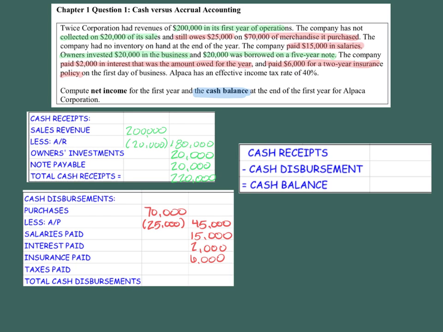And the last thing we need to remember to record for cash disbursements is the taxes we calculated to be paid, which was $44,000. So if we add all of those numbers together, that's going to give us our total cash disbursements. And we will then subtract that from our cash receipts to get our ending cash balance. So the total cash disbursements is $112,000.